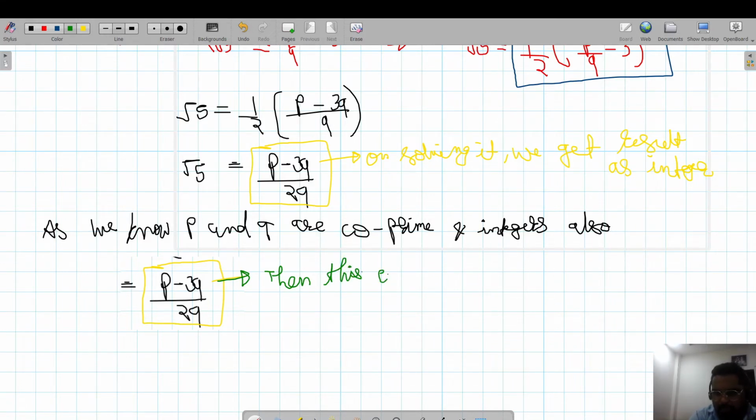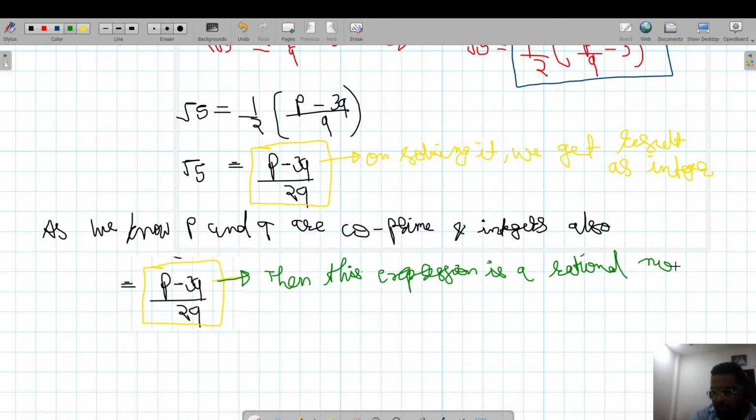Then this expression is a rational number here. I can assume it here as a rational number.